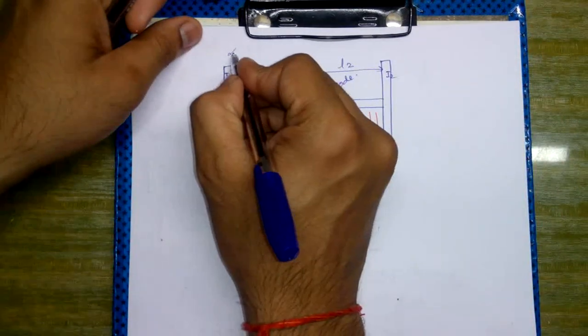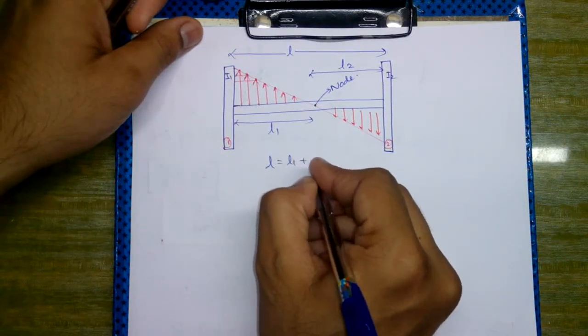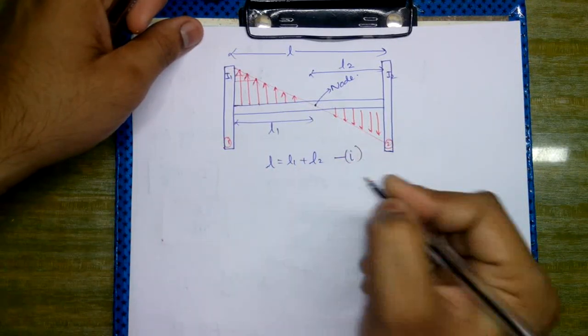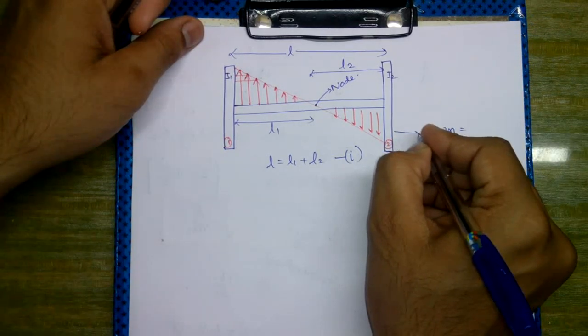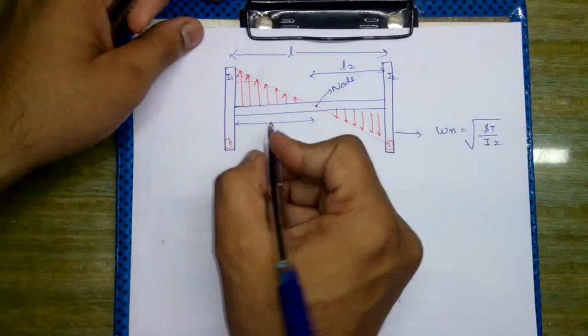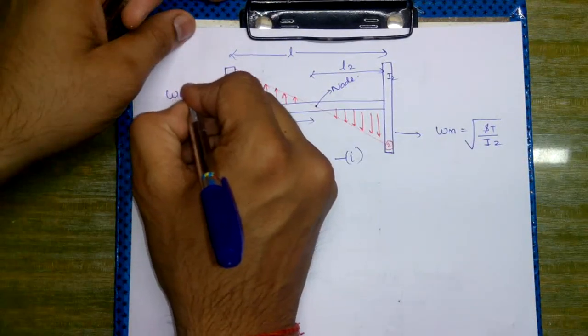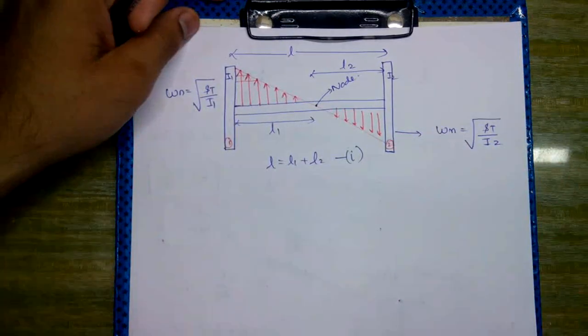So the total length of this rod is say L. So L is equal to L1 plus L2 will be the first equation, and we know omega n for this rotor is equal to under root st by I2, and omega n for this rotor would be under root st by I1.